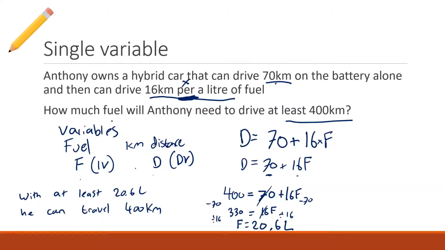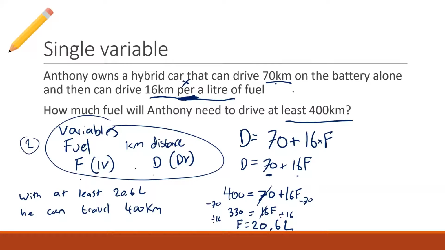After you've picked your variables, you can then create an equation. And then the last part is to solve that equation. So these are the steps that I would go through to try and solve it.